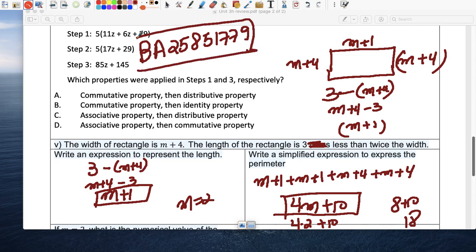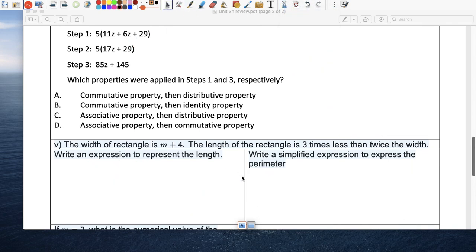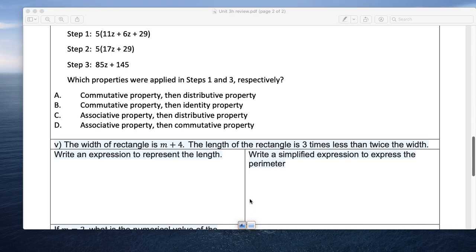Your bonus is that. That we did. Scroll down.